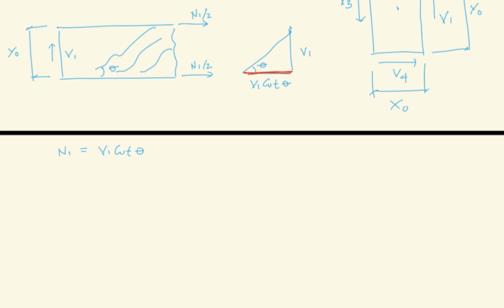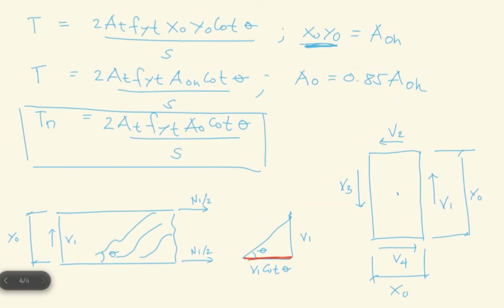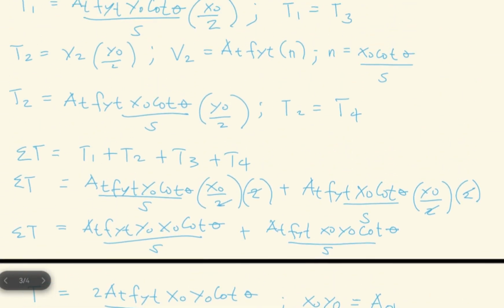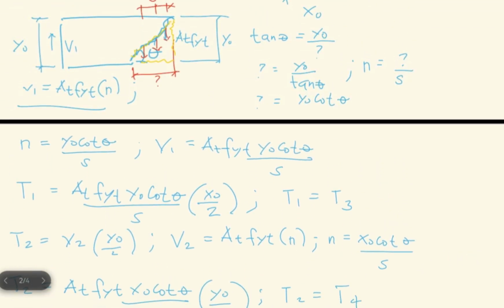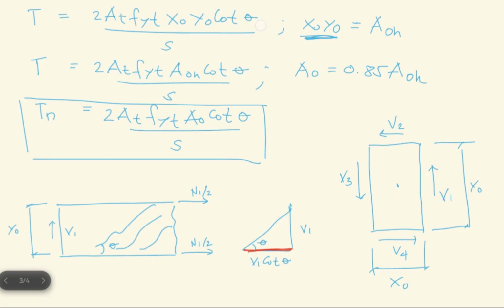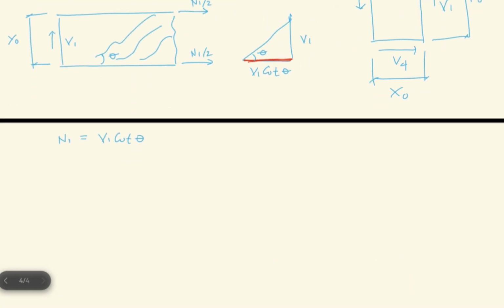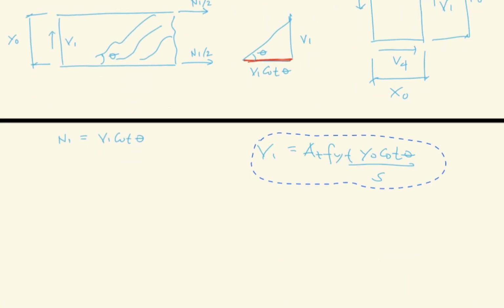Now we previously determined what V1 is equal to. V1 is equal to this. And so substituting, we have N1 equal to V1, which is equal to this.